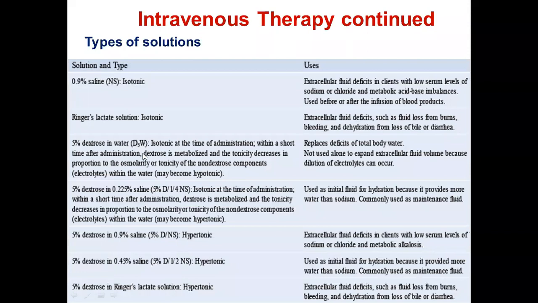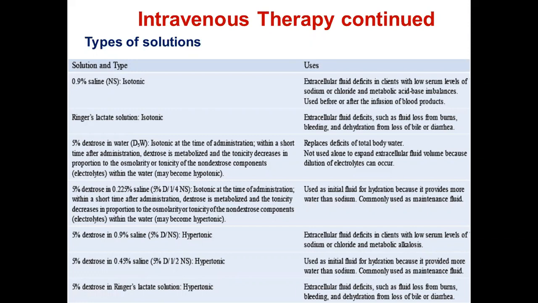Here is a short review of the different kinds of solution I already explained: the types of solution and their uses. 0.9% normal saline, lactated Ringer's solution, 5% dextrose in water, 5% dextrose in 0.22% saline, 5% dextrose in 0.9% normal saline, 5% dextrose in 0.45% saline, and 5% dextrose in Ringer's lactate solution.